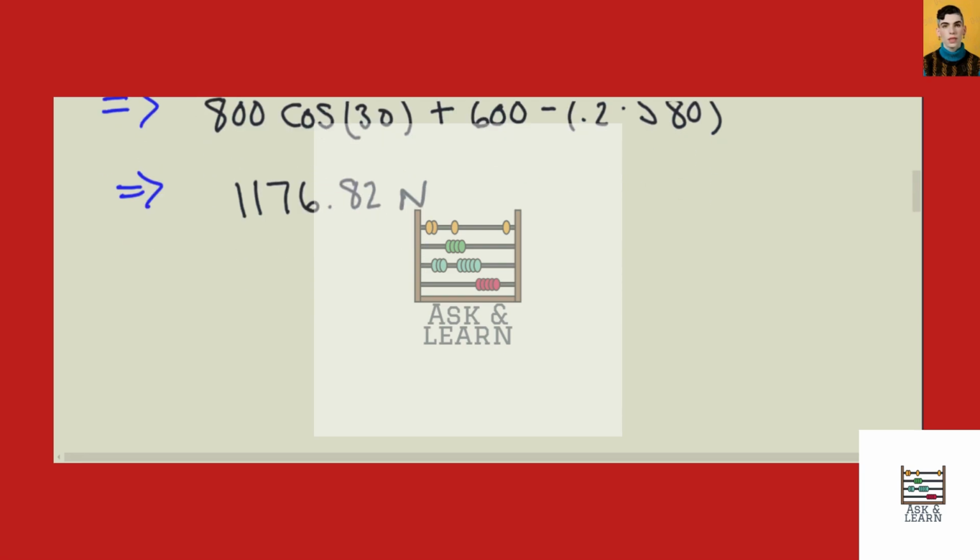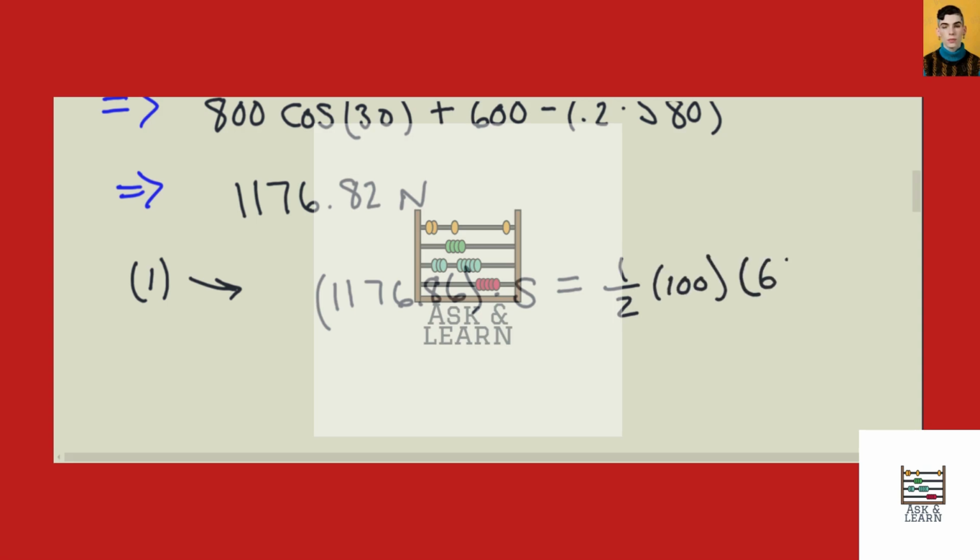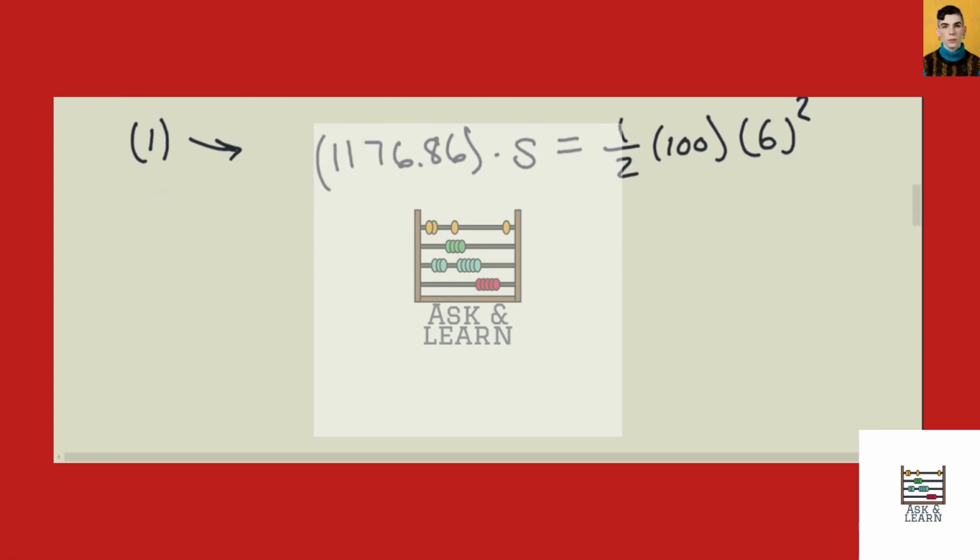Now finally we can plug this back into our equation from the very beginning, equation 1. So we have this force we just found in the x direction times the distance traveled s is equal to 1/2 m, which is 100, times v2, which is given as 6, squared. So plugging in those numbers and solving for s, we get the distance traveled of this crate is 1.52 meters.